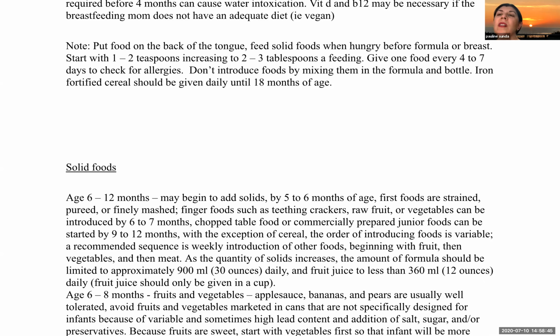In general, when we think about feeding infants up until a year of age, really their big nutrition is their breastfeeding and their breast milk. The solid food is more introducing them to the different tastes and textures.